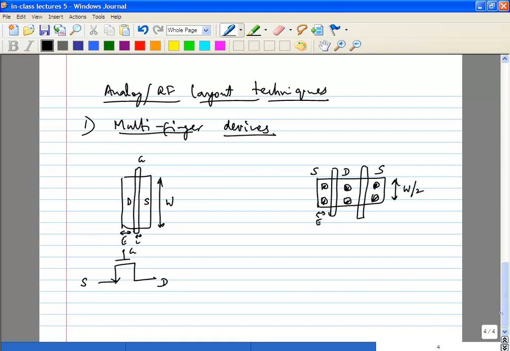You normally prefer to do it this way. Actually, let's draw it slightly differently.